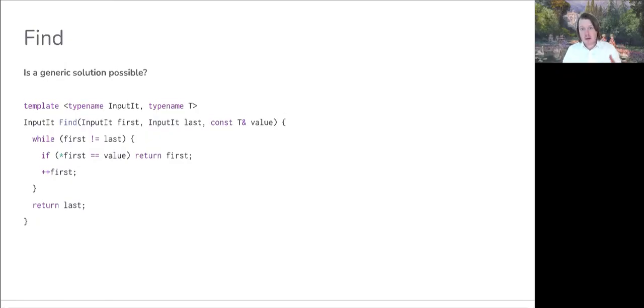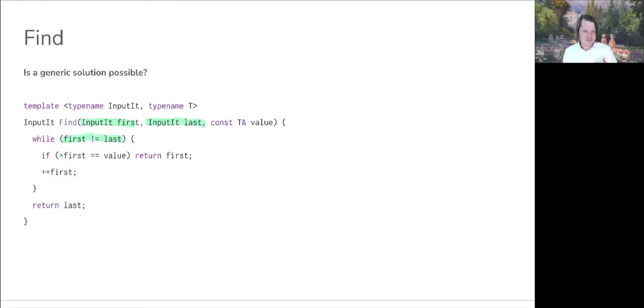But here's what we're going for. We want some sort of generic algorithm that will allow us to find a specified value within a collection of elements of that type. So we want to maintain this idea of a first and a last, one past the last element. We want to consider a traversal through that sequence.